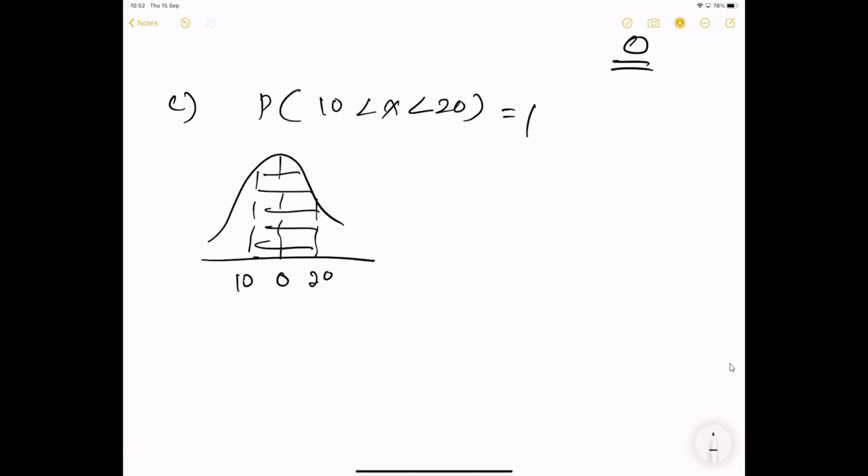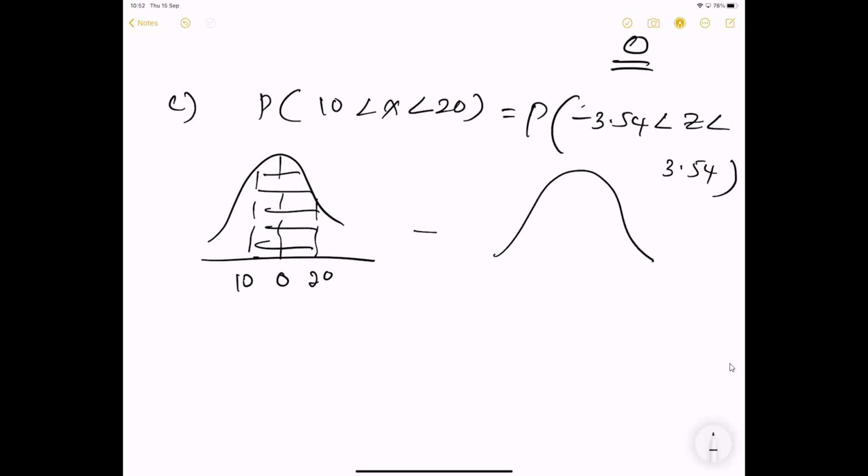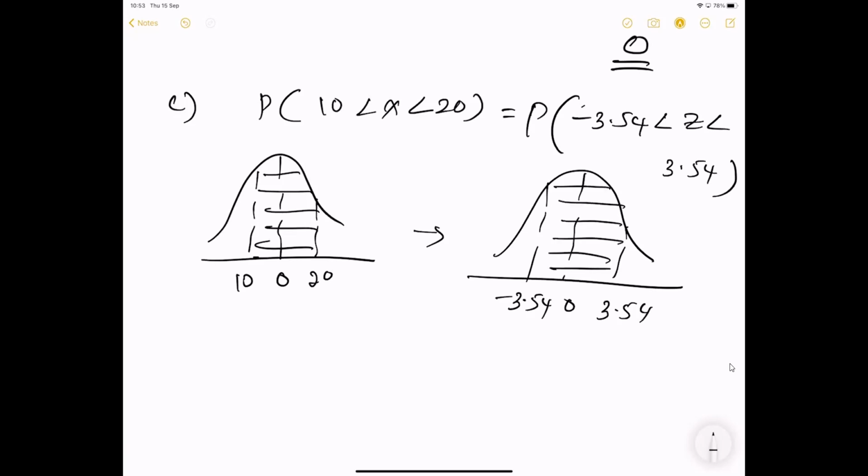If we convert, it is minus 3.54 to 3.54, with 0 in the middle.